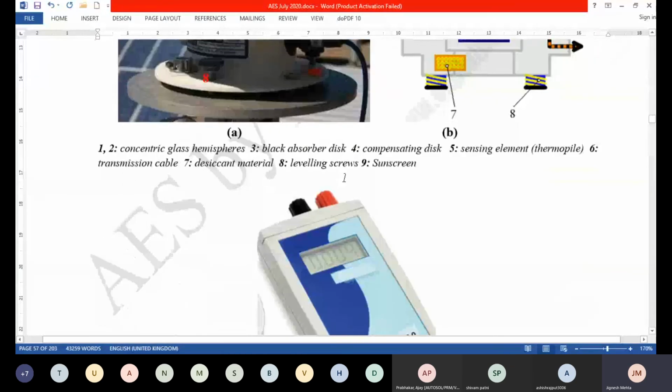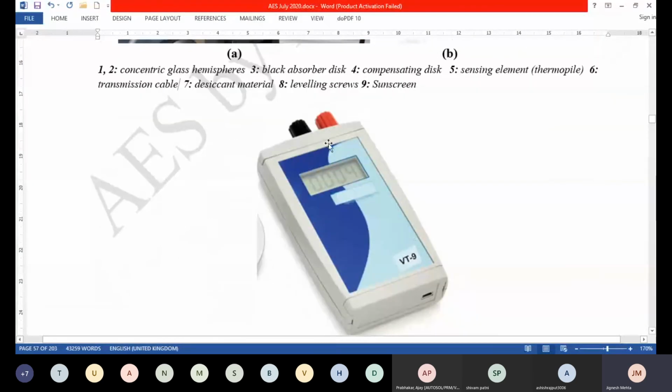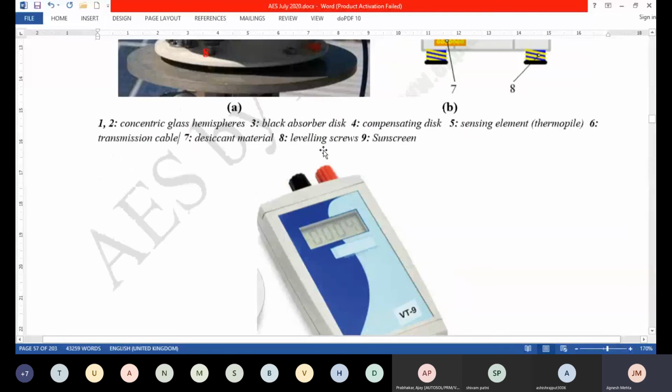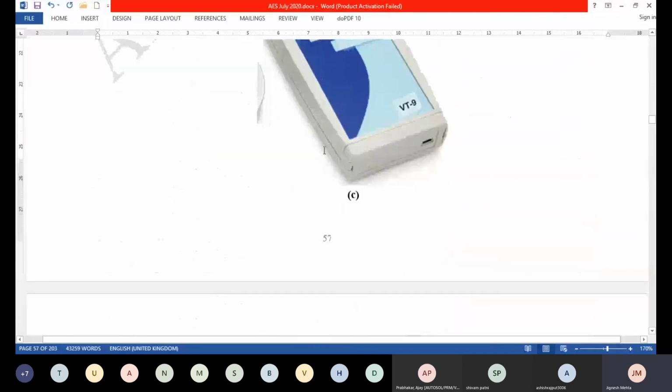You have a device which measures the signal either in millivolts, or if the device is calibrated to convert millivolt into watt per meter square, it directly gives you the irradiance. Right. So that's the construction and principle of measurement of a pyranometer.